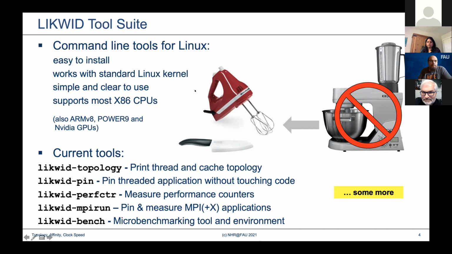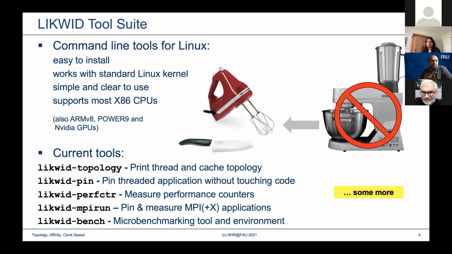It supports most of the x86 CPUs. I try to add all, but sometimes I'm missing some laptop chips and so on. But since version 5, we also support ARMv7 and ARMv8 chips, also Power 8, Power 9, and some support for NVIDIA GPUs.